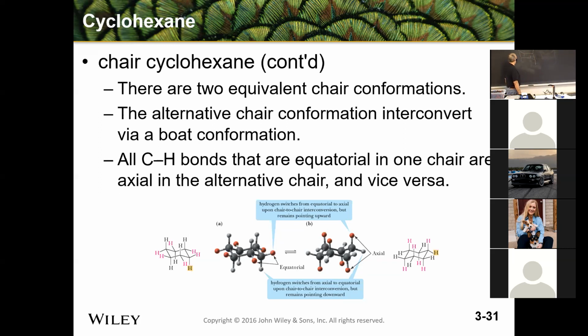The other hydrogens are the equatorial. For the equatorial hydrogens, again, I'll start at this bottom right corner, but you can start anywhere.